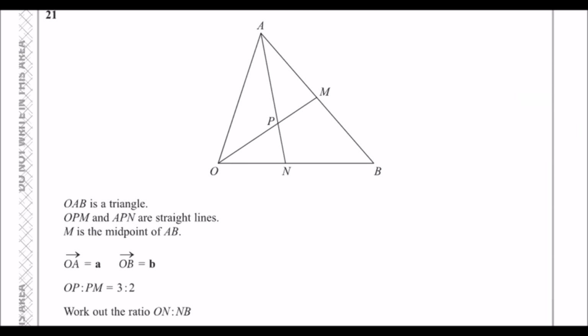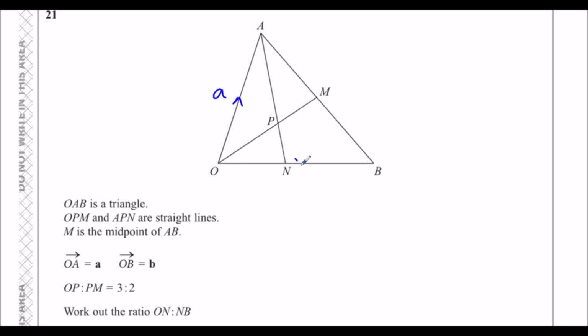Question 21. OAB is a triangle. OPM and APN are straight lines. M is the midpoint of AB. O to A is called a.